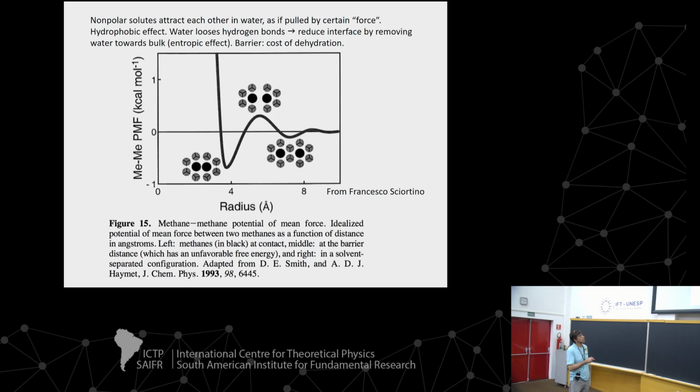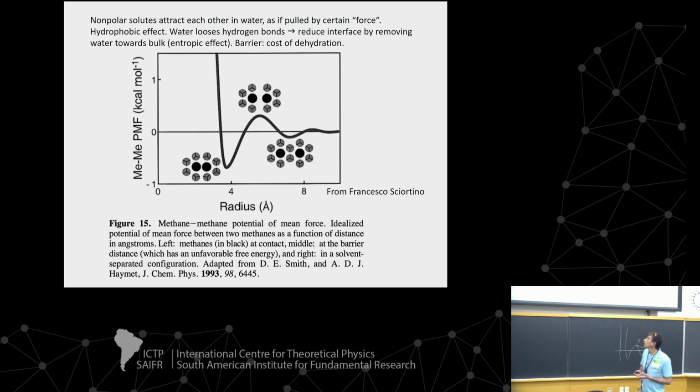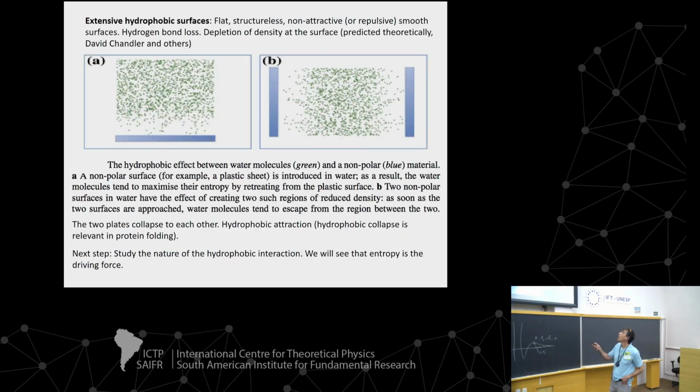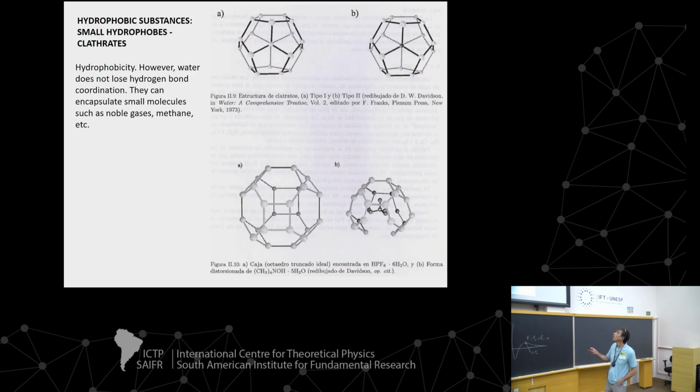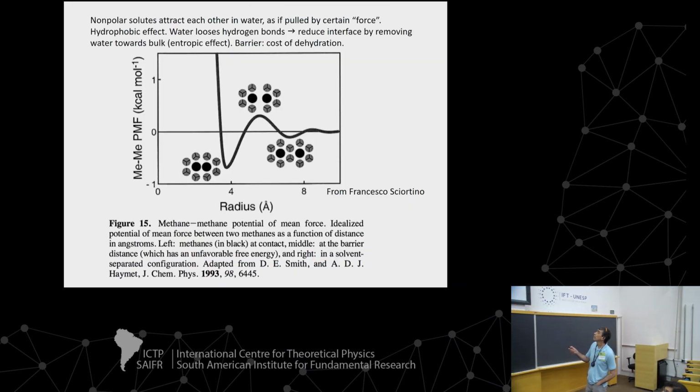These nonpolar solutes attract each other. For example, here we have two small solutes, two methane molecules, and when they are far apart, both molecules are fully hydrated by water.